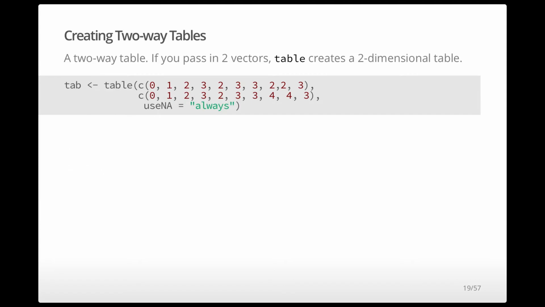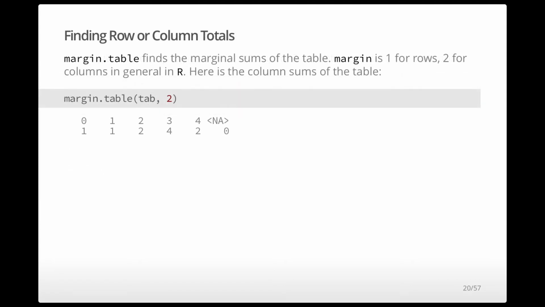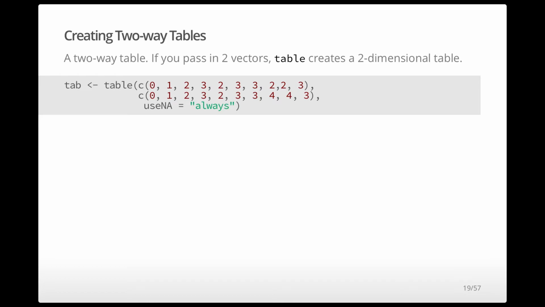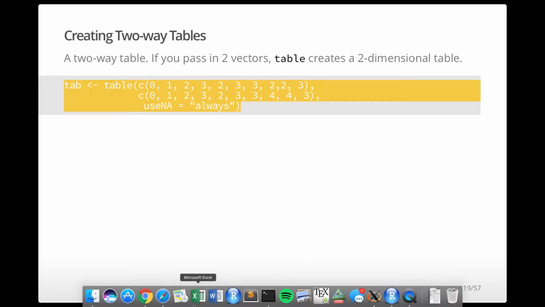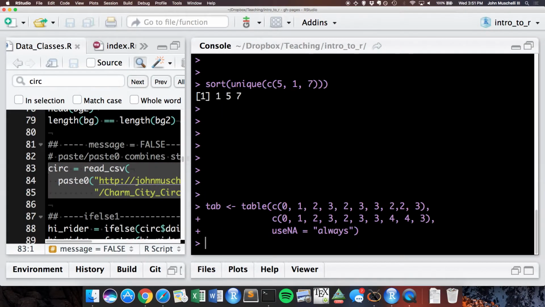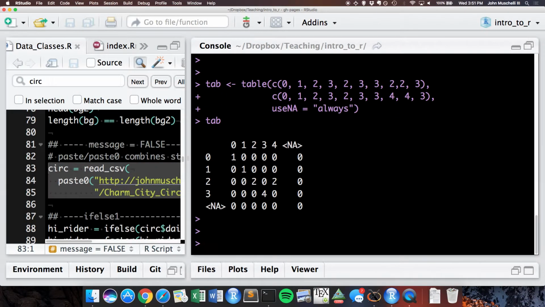Okay. So with tab, we can do a two-dimensional cross table, and we can use NA equals always. The NA behavior is super important because Fisher's exact test, chi-square test, tests of categorical variables depend on whether you include the missing data or not.